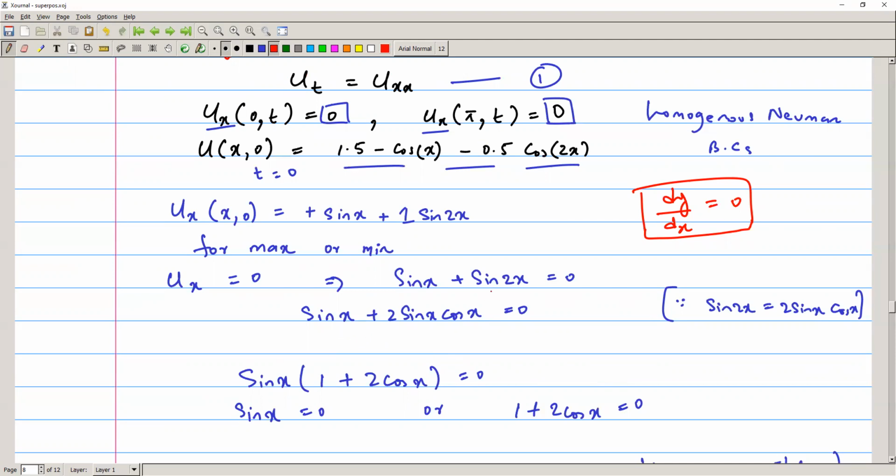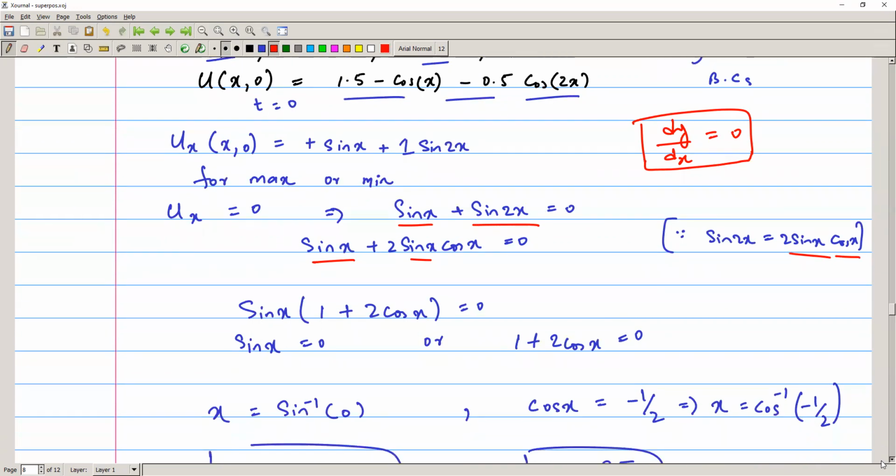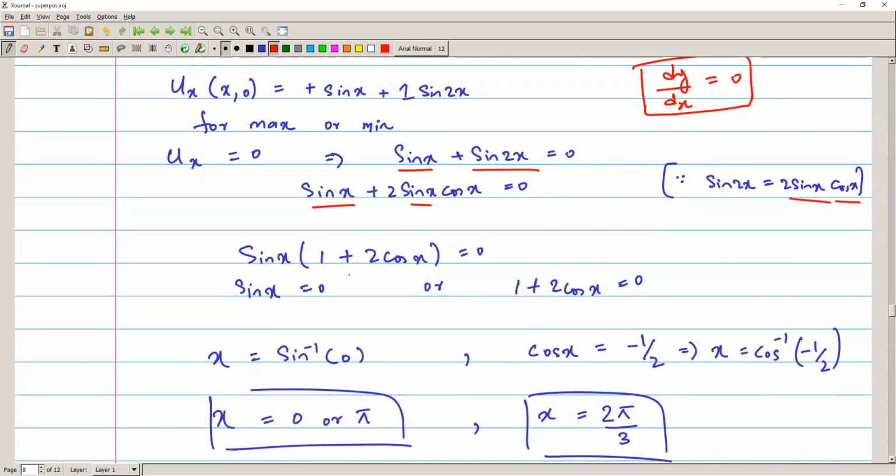So here it's sine 2x and sine x. We can write 2 sine x cosine x instead of sine 2x, because it's a trigonometric identity. So sine x plus 2 sine x cosine x equals 0. Then we take sine x as a common factor from both terms, and we get sine x times (1 plus 2 cosine x) equals 0.